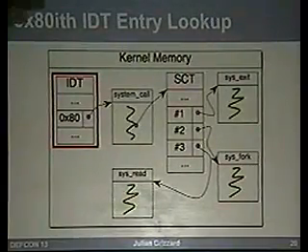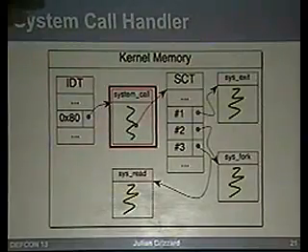The kernel looks up where the IDT is in memory, looks up that 0x80th entry, and executes the code pointed to by that entry. The code pointed to by that entry is the system call handler. And the system call handler is responsible for setting up parameters of your system call, generic parameters. That's the first thing that's called for any system call. And then it calls the system call you specifically requested.